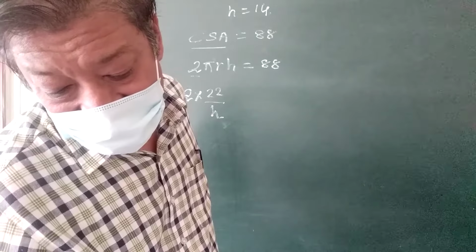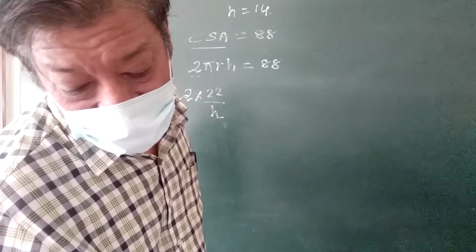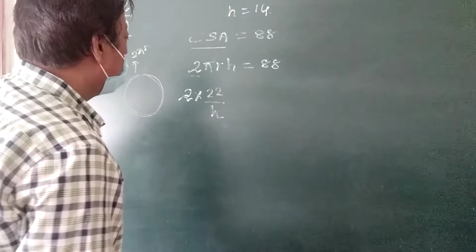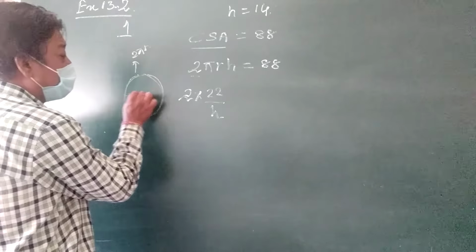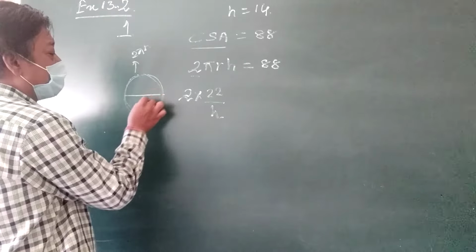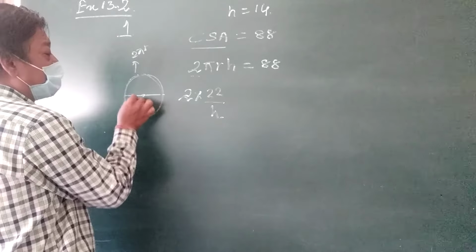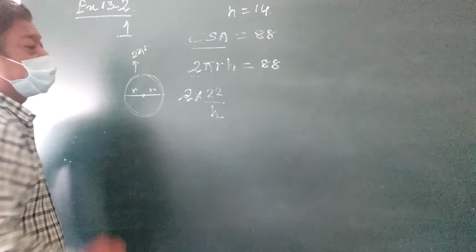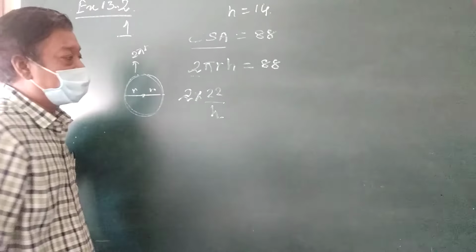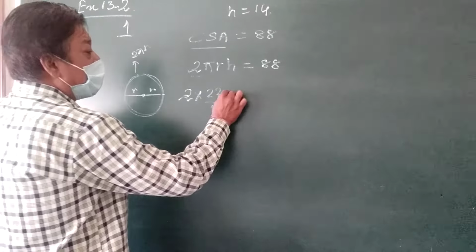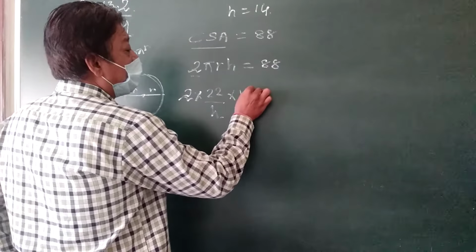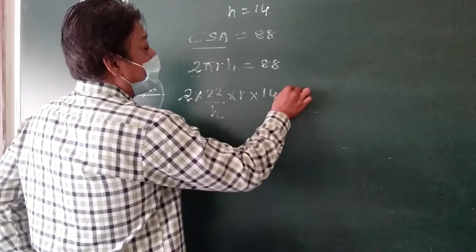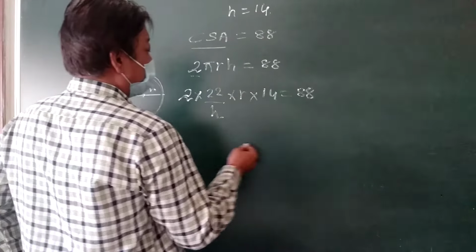We have to find the diameter of the base of the cylinder. This is a circle, and the diameter is always twice the radius. So 2 into 22 upon 7 into r into 14, which is equal to 88.